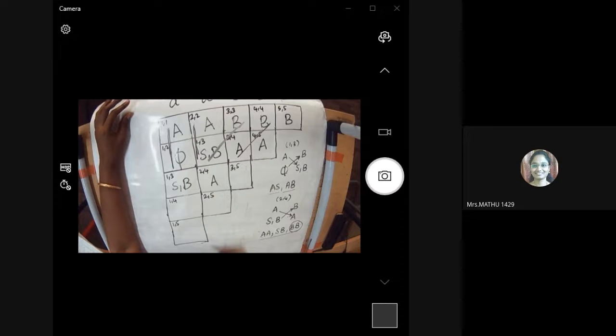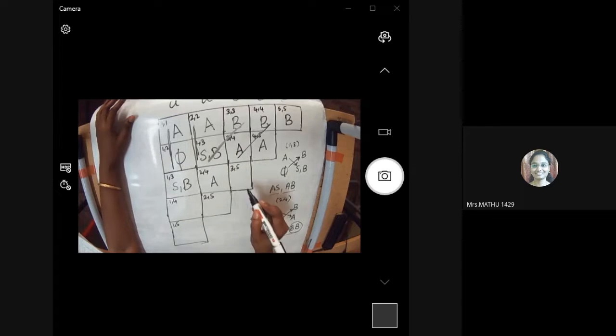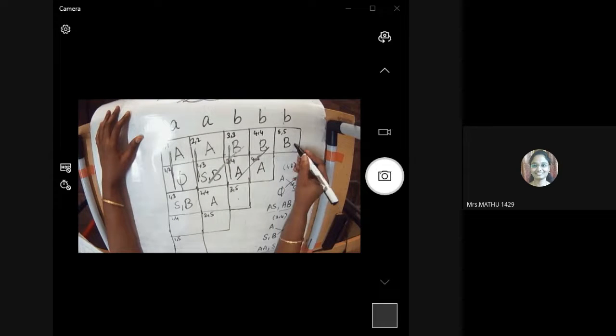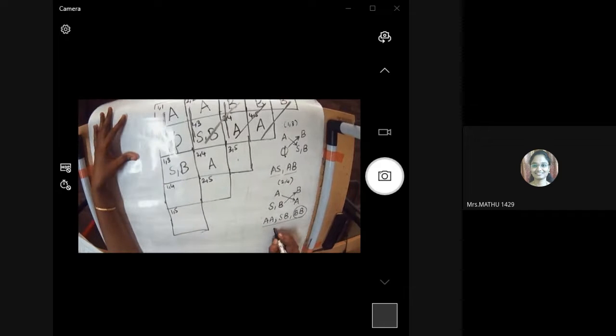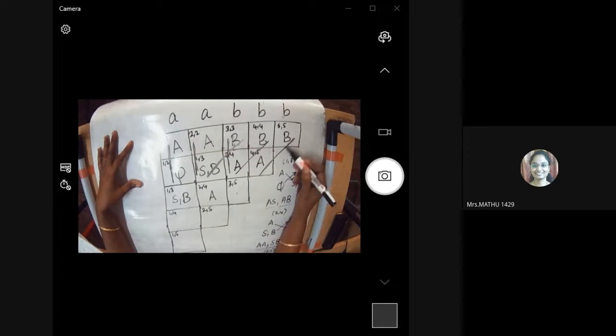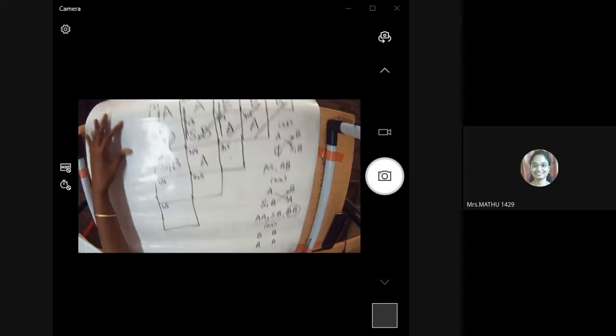Then comes the next thing. For finding this one, you take these two cells and the diagonal. What will you get for 3 comma 5? You are getting BA, and here also BA, and this diagonal also BA.